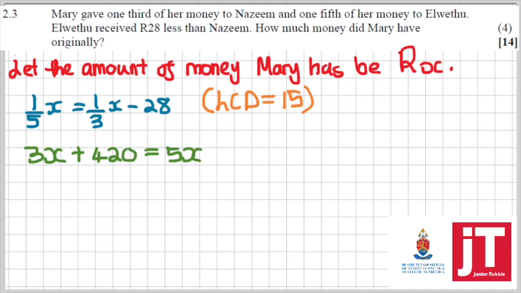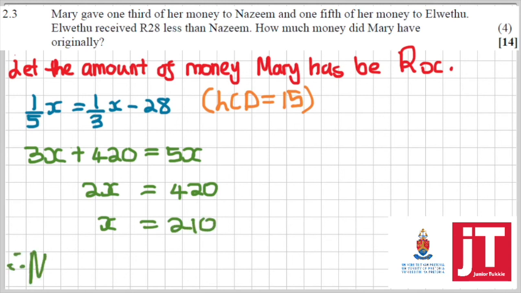Thereafter, it's a case of grouping like terms or simplifying it. You're going to get 2x is equal to 420. Solving for x, we're going to get x is equal to 210. In conclusion, in words, we're going to say, therefore, Mary had 210 rand in total.